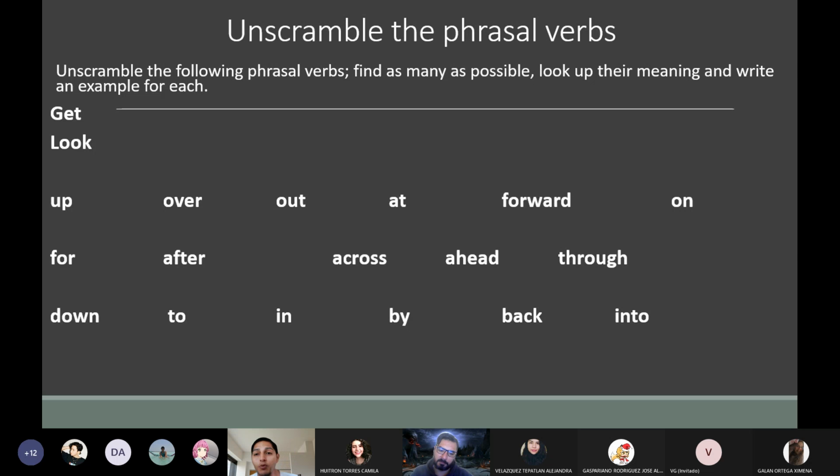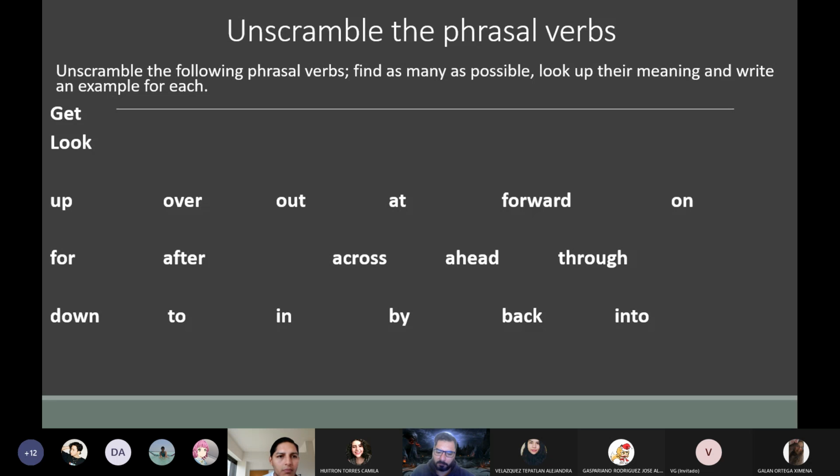But that's important for you because you start discriminating context. And you say, okay, I'm going to use search when I'm talking to the headmaster of the school, but I'm going to use look for when I'm talking to my classmates, to my friends. So you start making decisions, okay?